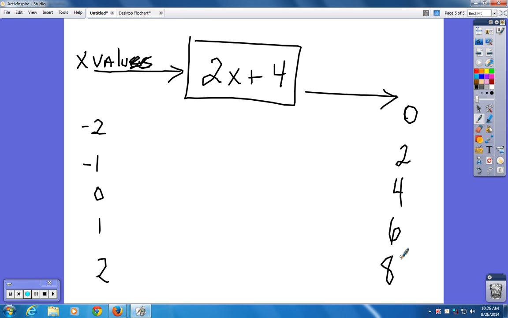What's my domain? -2 to what? Positive 2. How do you write that? Domain equals -2 to positive 2. This is called interval notation, and that's what most algebra teachers use.